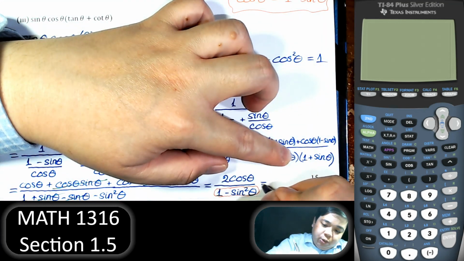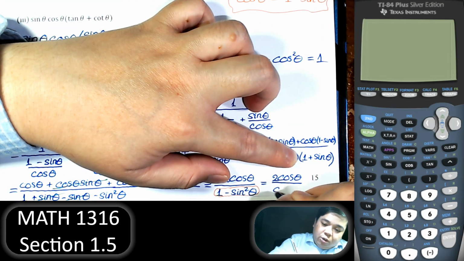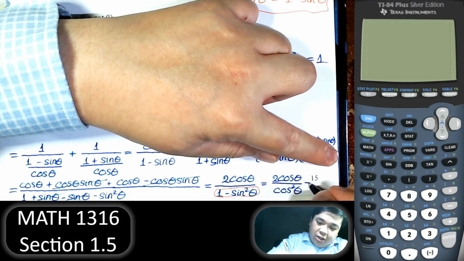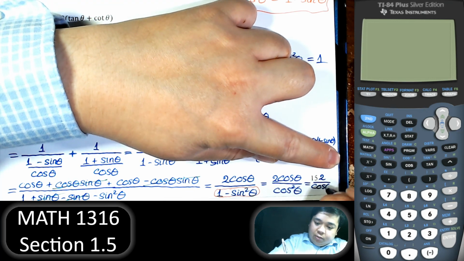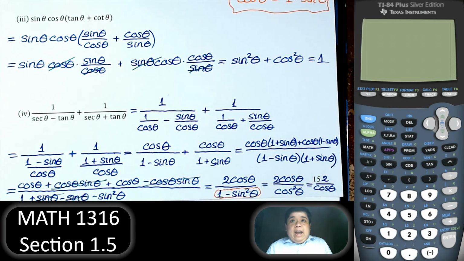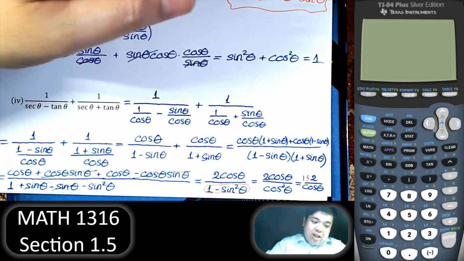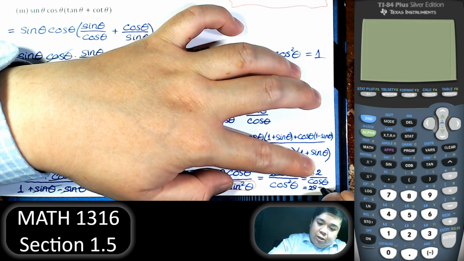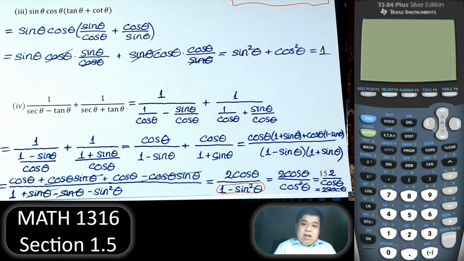So we have 2 cosine over cosine square, and one of the cosine cancels out. We end up with 2 over cosine, and 2 over cosine is reciprocal cosine, secant, so this ends up to be 2 secant of theta.